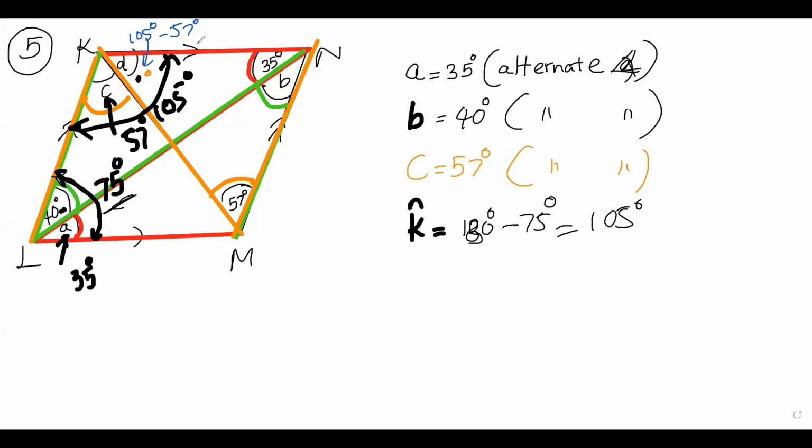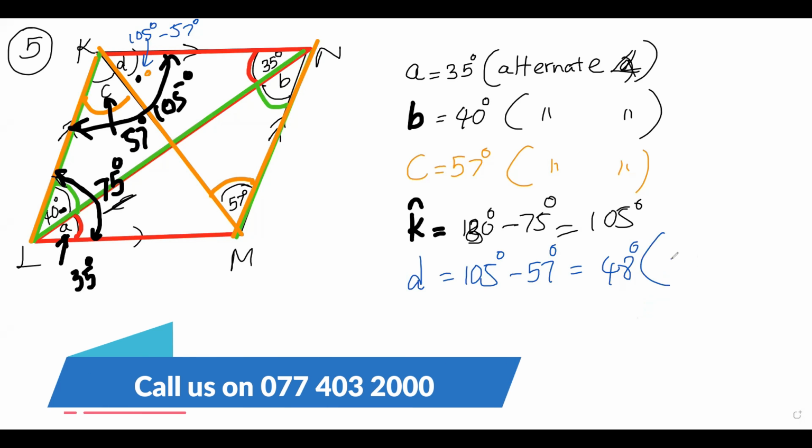So D equals 105 minus 57, which is 48. It should be 48. D should be equal to 48.